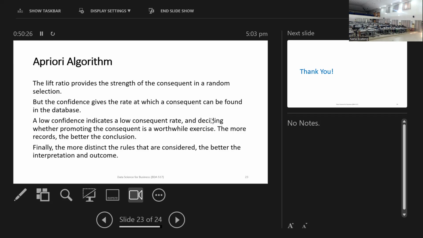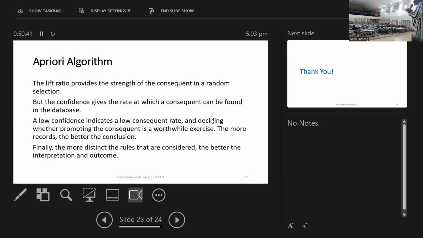Then we get one effect. So the more general your data set is described, the fewer insights you will get.